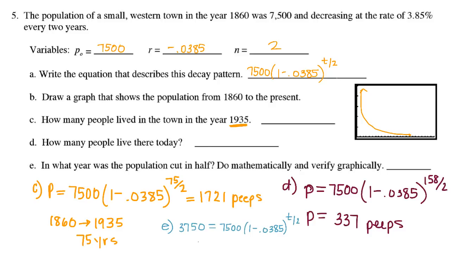And when you finish solving this, and do solve this, your time frame would be 35.3 years. And so the year that the population was cut in half would be 35 plus 1860, so year 1895.